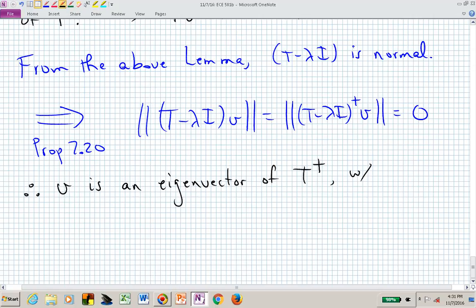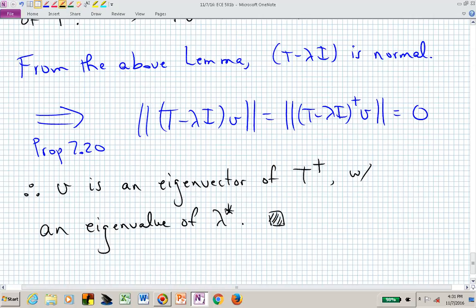So V is an eigenvector of T dagger with an eigenvalue of the conjugate of the original eigenvalue of T.